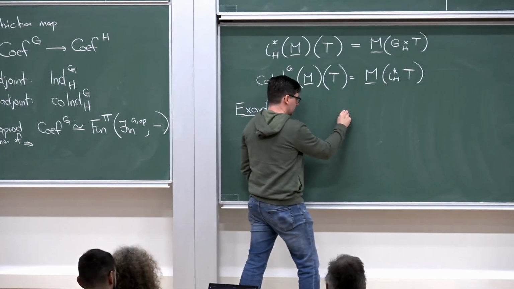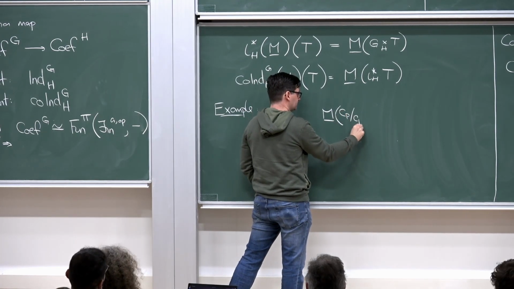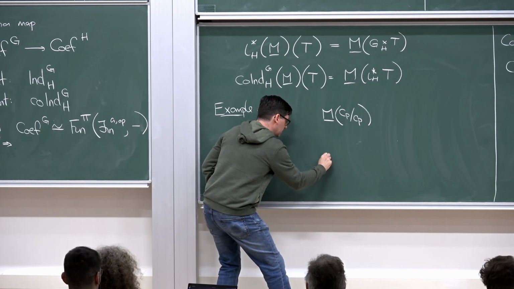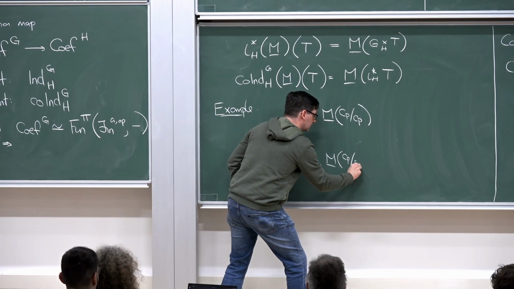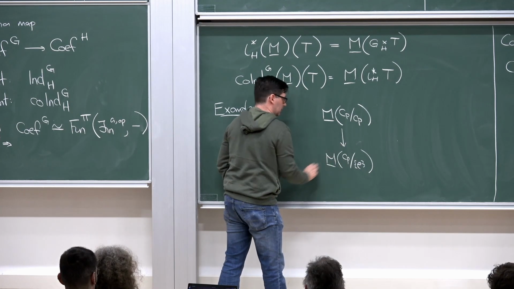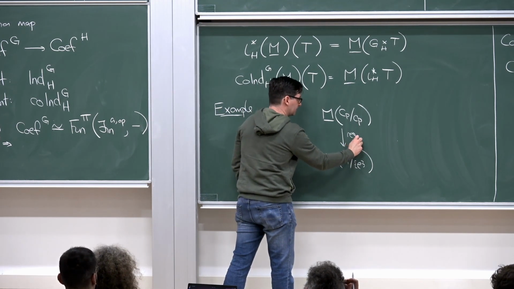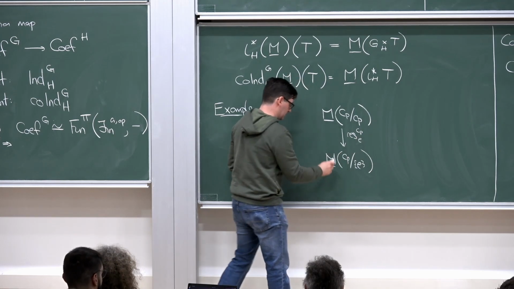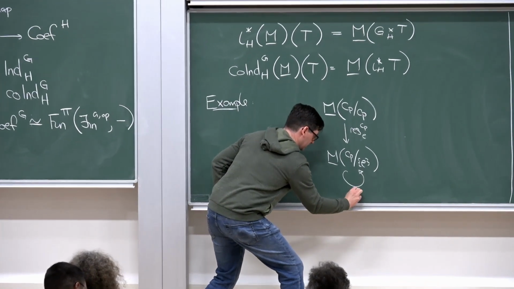Then a general CP coefficient system, well, I had to give you the value at CP mod CP. I had to give you the value at CP mod a point. I have a restriction map that goes from the value at CP mod CP to the value at CP mod E. The value at CP mod E, I had an action of CP on this.